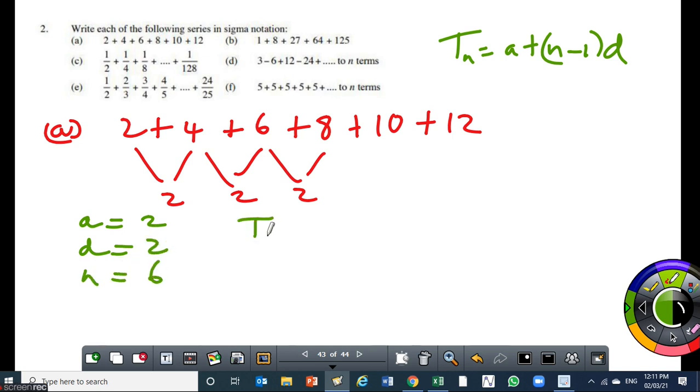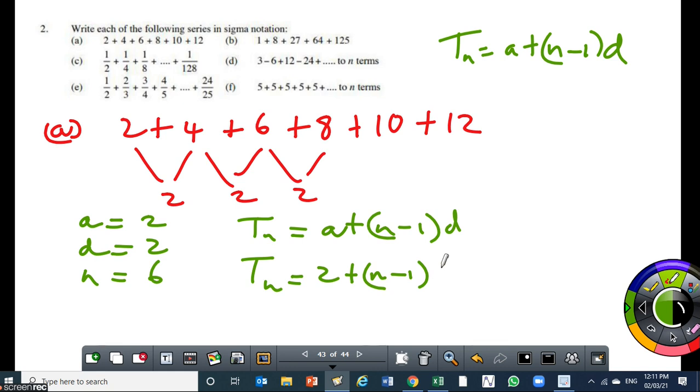If I substitute into Tn equal to a plus n minus 1 times d, Tn equal to a, which is 2, and n, remember we are finding the general term, so we don't need to put the value of n there. d is also 2. So this gives you Tn equal to 2 plus 2n minus 2. Then you get Tn equal to 2n.